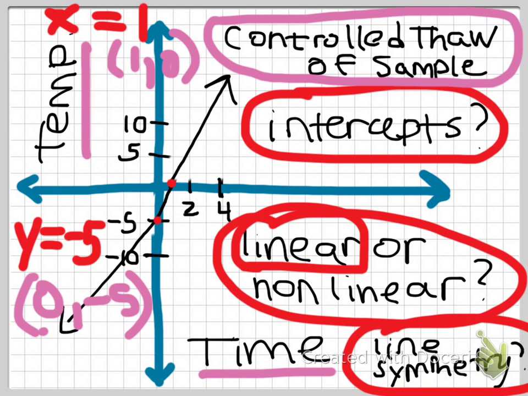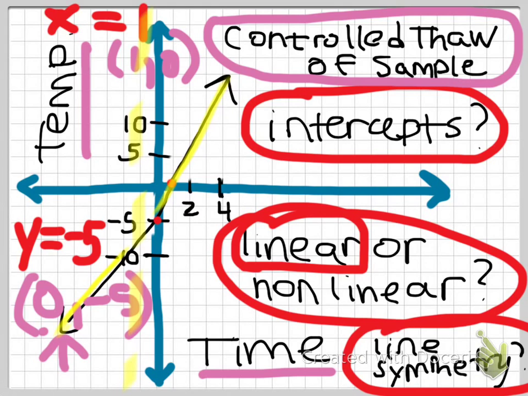But in this case, since one side of our graph is starting down here, and it's going up the entire time, if I were to split it in half, let's say with a big yellow imaginary line, and I would look on both sides, one side the line is way up here, the other side is the line is way down there. If we were to fold them on top of each other, they would not line up. So this is not showing any line symmetry.